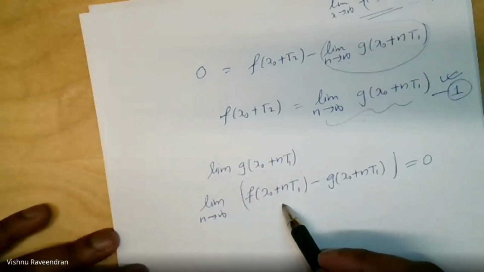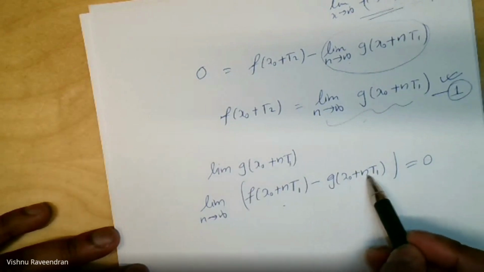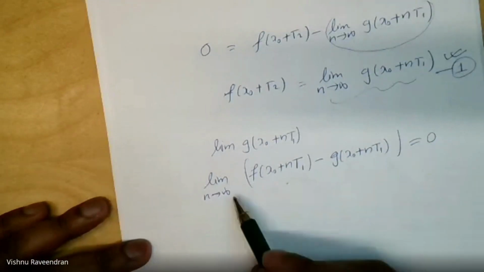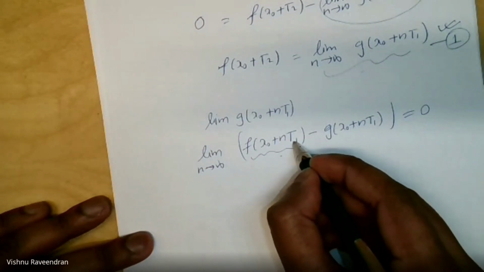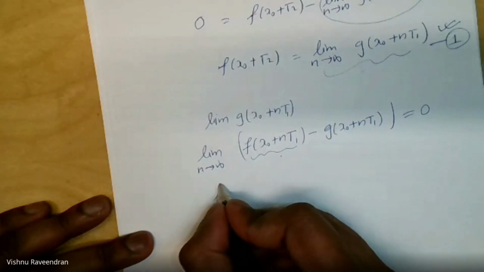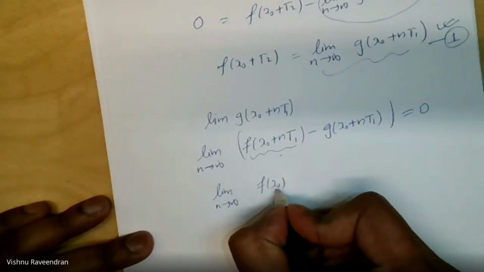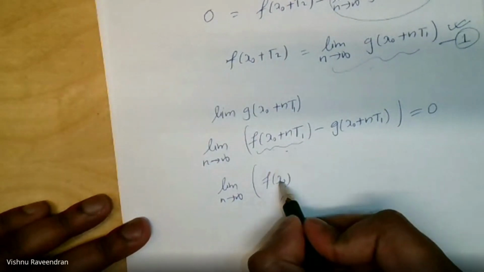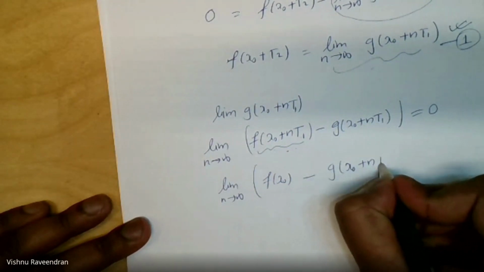So I'm using that here, so I get limit f of x naught plus nt1 minus g of x naught plus nt1 goes to 0 as n goes to infinity. But f has period t1, right? So I can again write limit n tends to infinity, this first term will be just f of x naught, and g of x naught plus nt1.